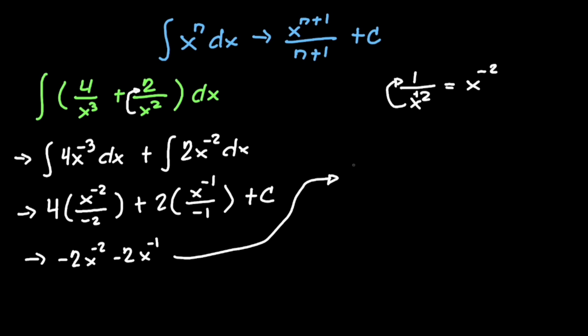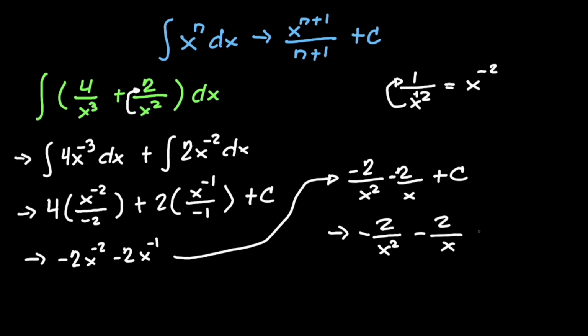So the answer will be negative 2 over x squared plus, minus minus 2 over x plus c. Let me simplify that. Negative 2 over x squared minus 2 over x plus the integration constant c.